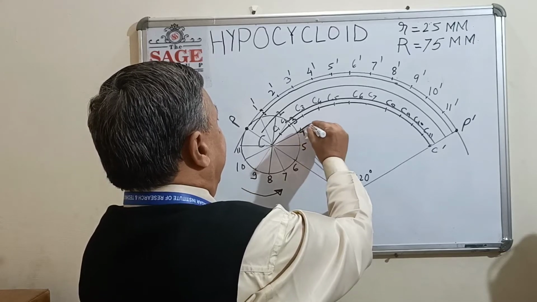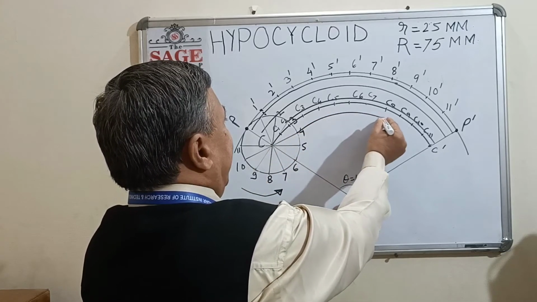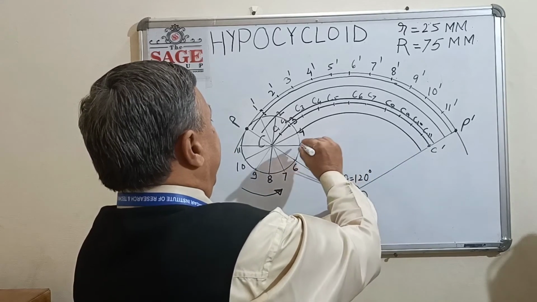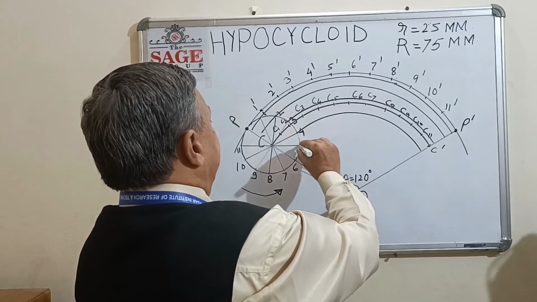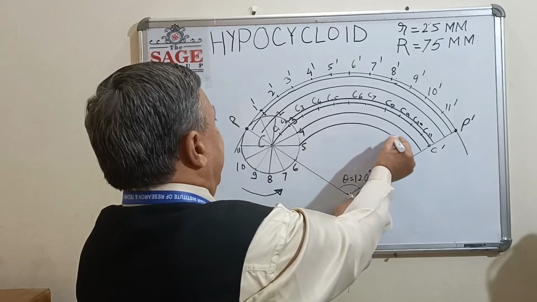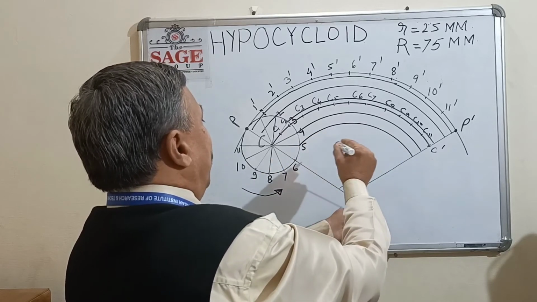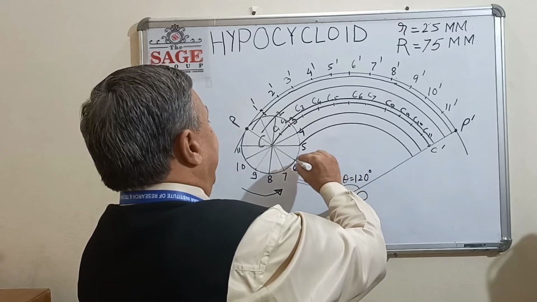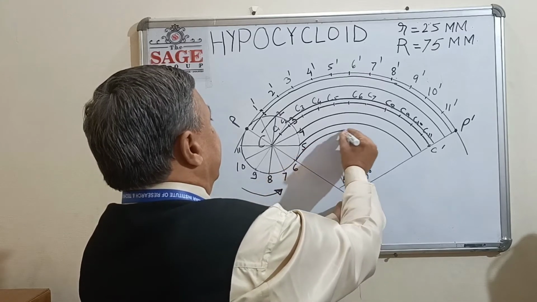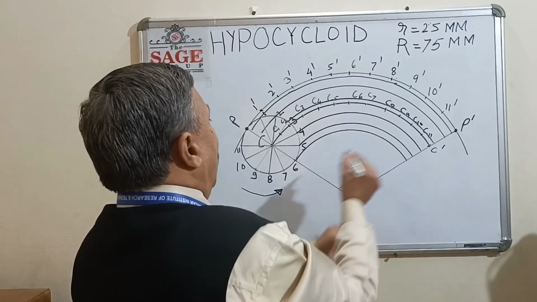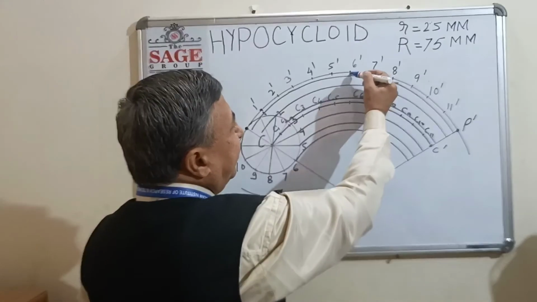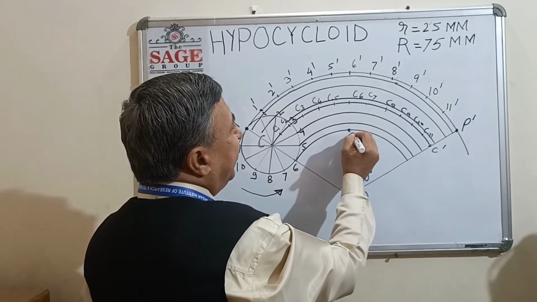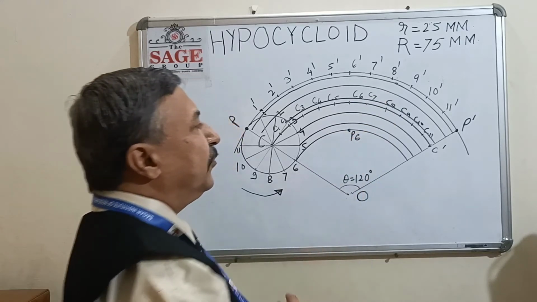Draw another curved path. Center O, radius equal to O5, another path. Center O, radius equal to O6. This is our last path. On this path, we will get point P6, as you know.